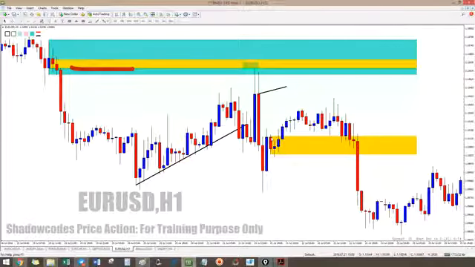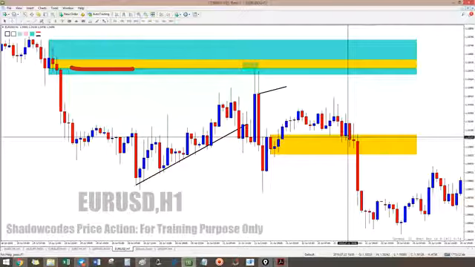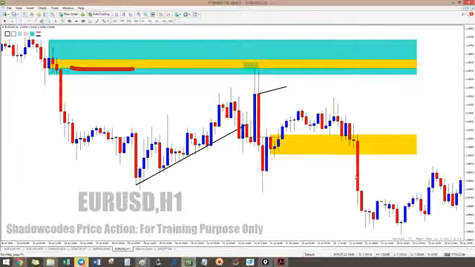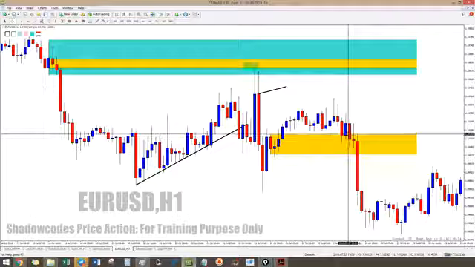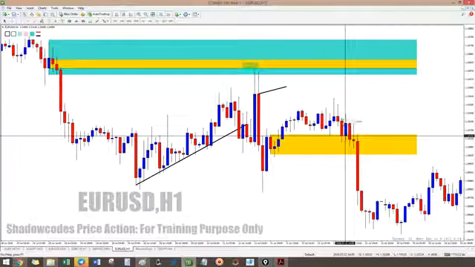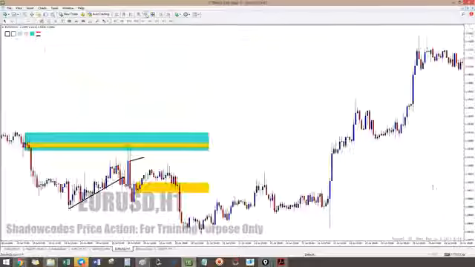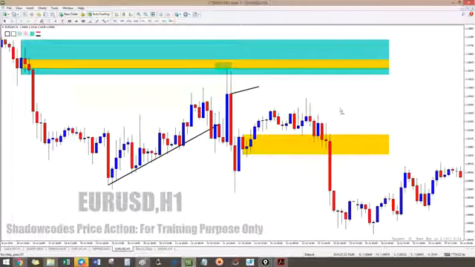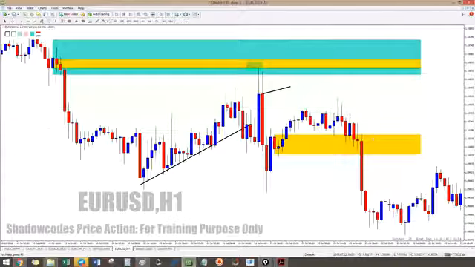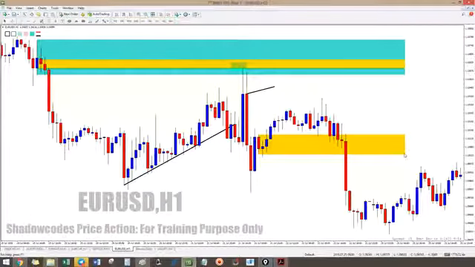If you do not wait for confirmation, this one gives you a trade until here, and then it breaks. So you need to wait for the rejection. Over here the market only gives you 9 pips. So you actually need to follow the market structure, which will go into chapter 3. So you should focus on selling over here.